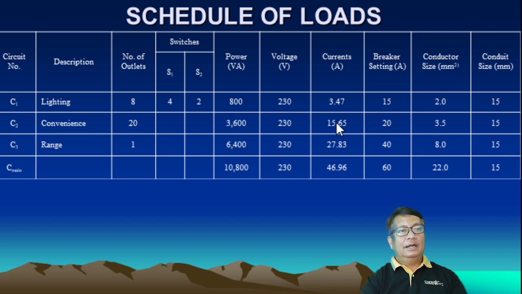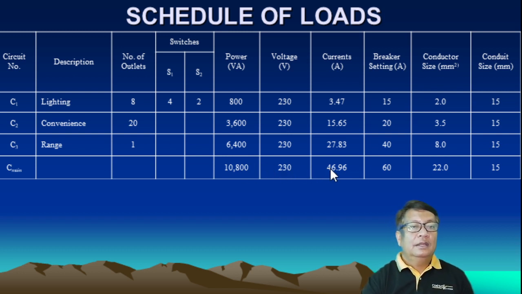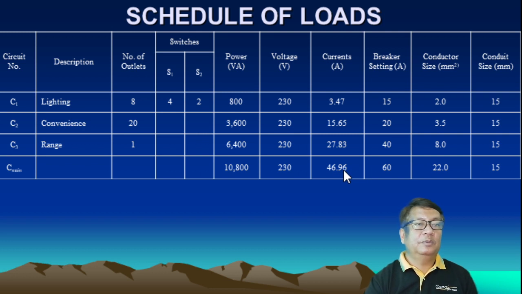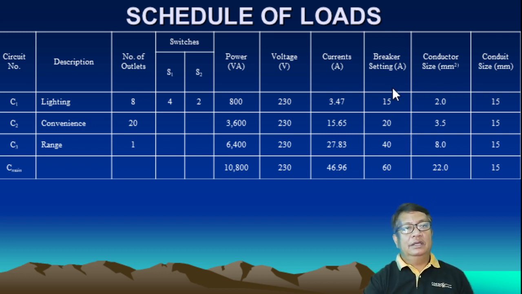Similarly, we have 3600 divided by 230, and our current here is 15.65. For our electric range, 6400 divided by 230 is more or less 27.83. So our total current is 10,800 divided by 230, which is equal to 46.96.